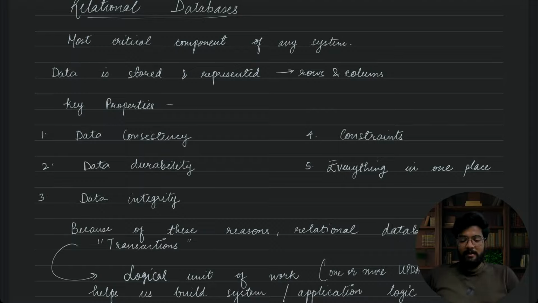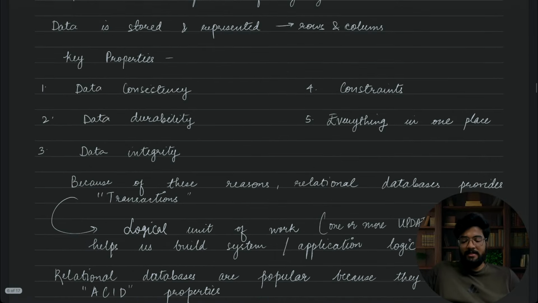Because of these properties and this application, relational databases had key properties: they should be consistent, they should be durable, they should have high integrity, there should be constraints available, and all the data should be in one place. And because of all these reasons, we have something called transactions.